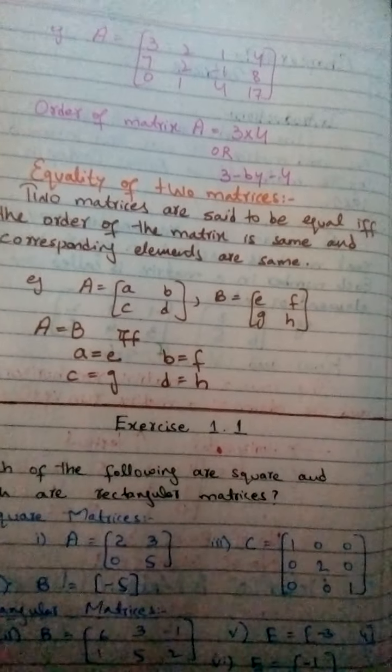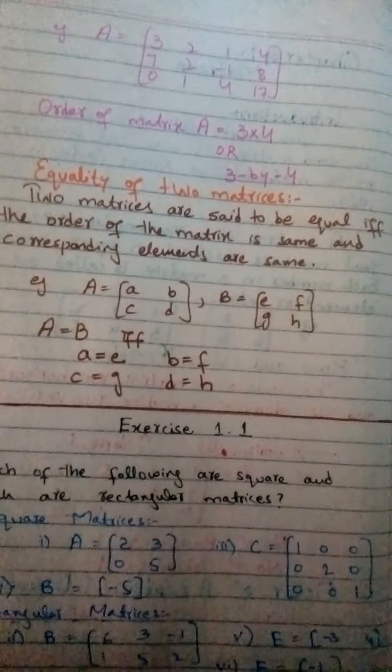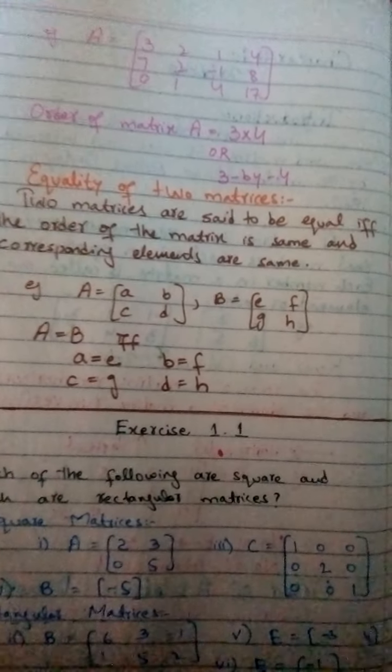If the corresponding elements are not the same, then you will not say that these matrices are equal. The order is the same but the corresponding elements are not the same.